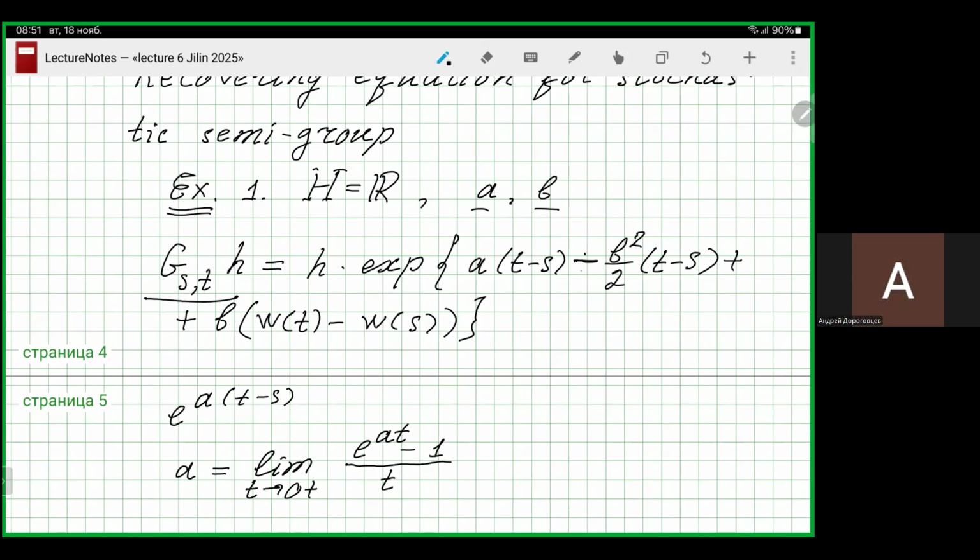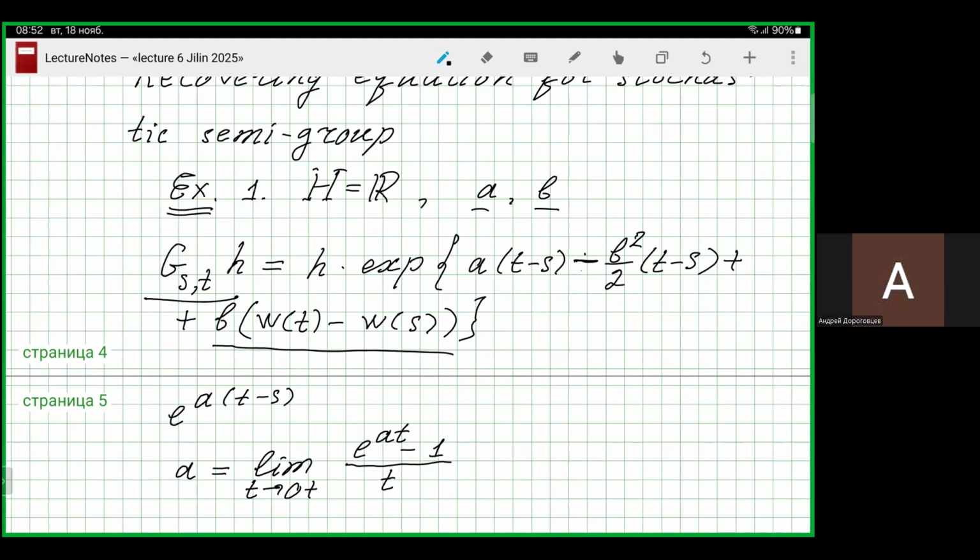And we already discussed this, noting that for a deterministic semigroup we have a notion of generator. Even in the general case, for a good deterministic semigroup, one can find its generator using the same limit. Okay, it's good. But what to do with this term?